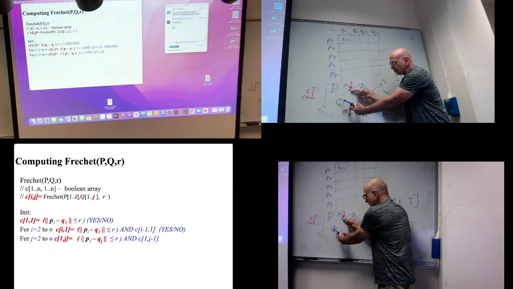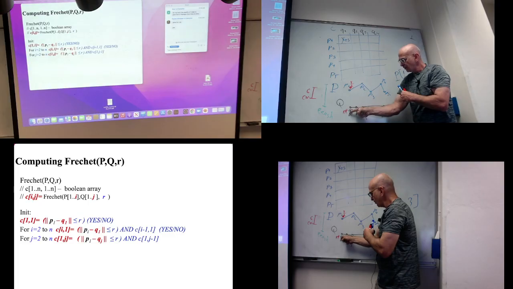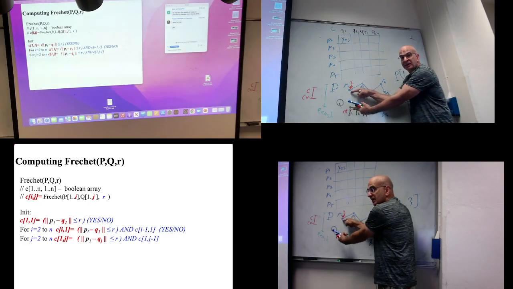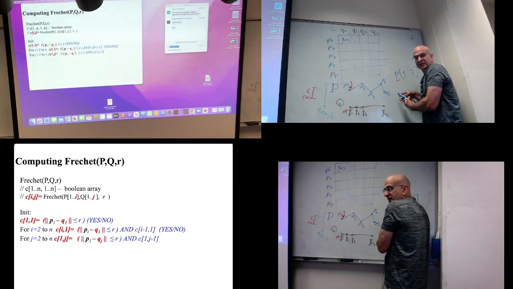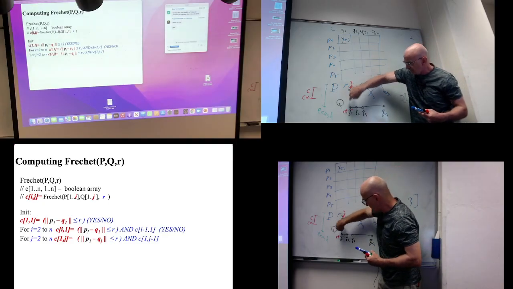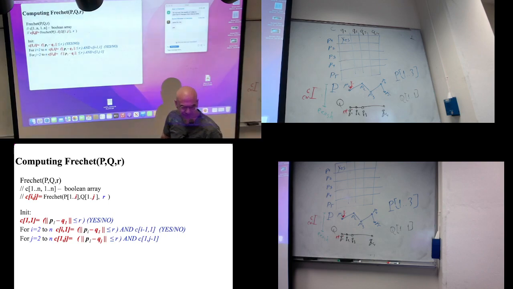If even when the person is on its first vertex, the dog is on its first vertex, and the distance is already larger than 6 centimeters, then there is no point of asking for other cells. Definitely you cannot do the whole trip if even at the starting point the distance is already larger than R.